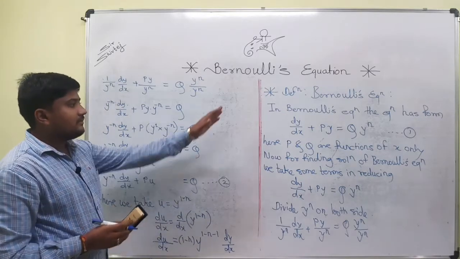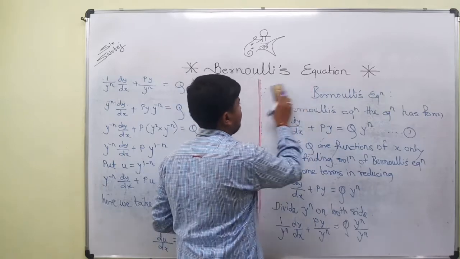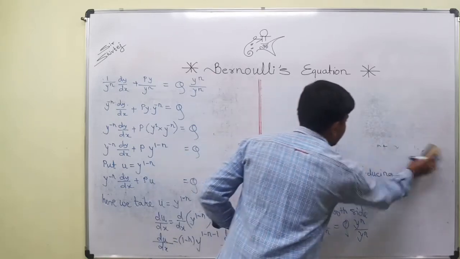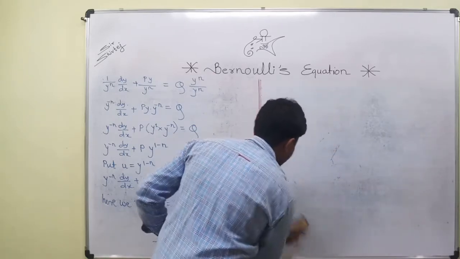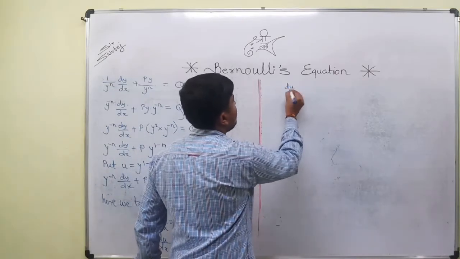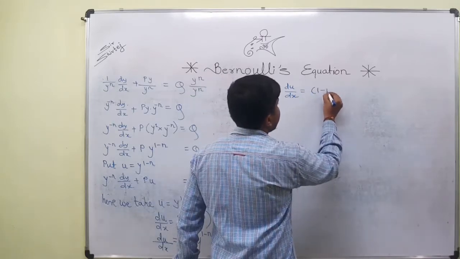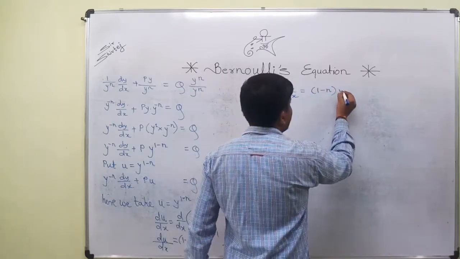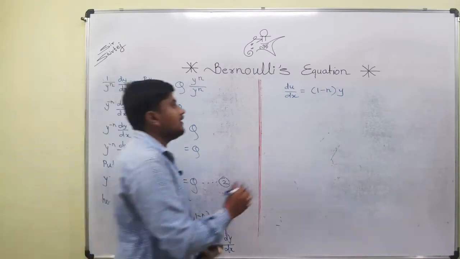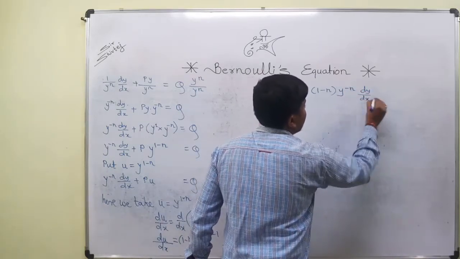Now again here we see that du by dx is equal to 1 minus n into y raised to 1 minus n into y raised to that, and 1 and minus 1 will cancel, y raised to minus n dy by dx, okay.